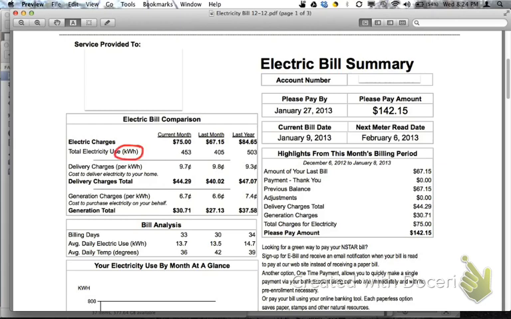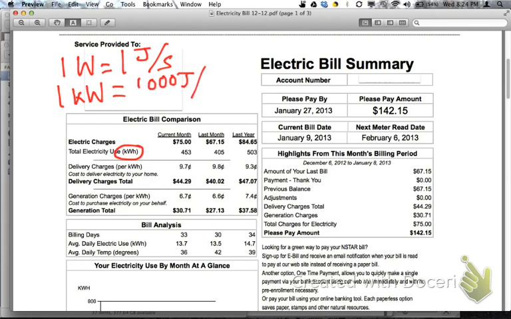And a kilowatt hour is a unit of energy. It's a funny unit, but it's the unit of energy, which means if I use a device that has a power of 1 watt, and you might remember that 1 watt is 1 joule per second, 1 kilowatt is 1,000 watts or 1,000 joules per second.